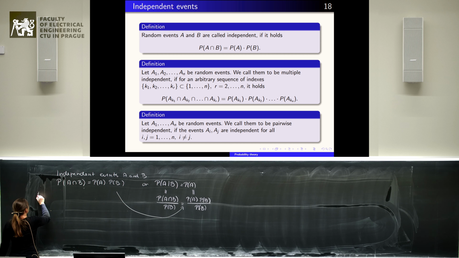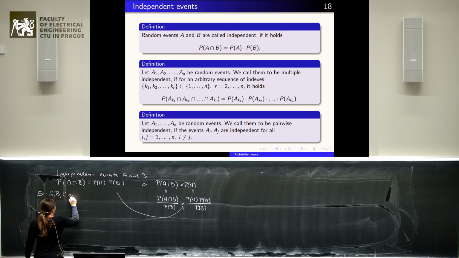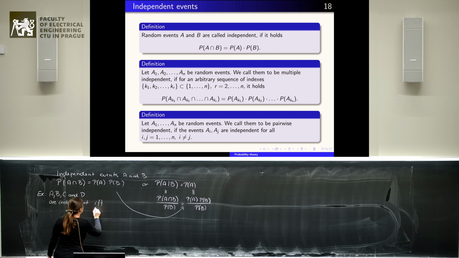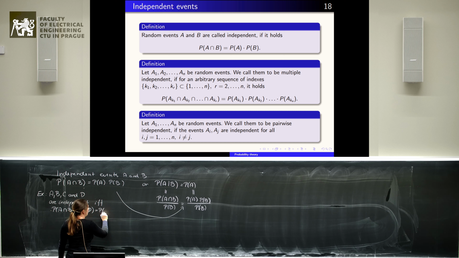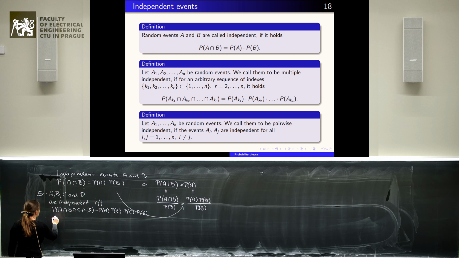So for example, events A, B, C, and D are independent if and only if the probability of the intersection of all of them is equal to the product of their probabilities. But it is not enough.